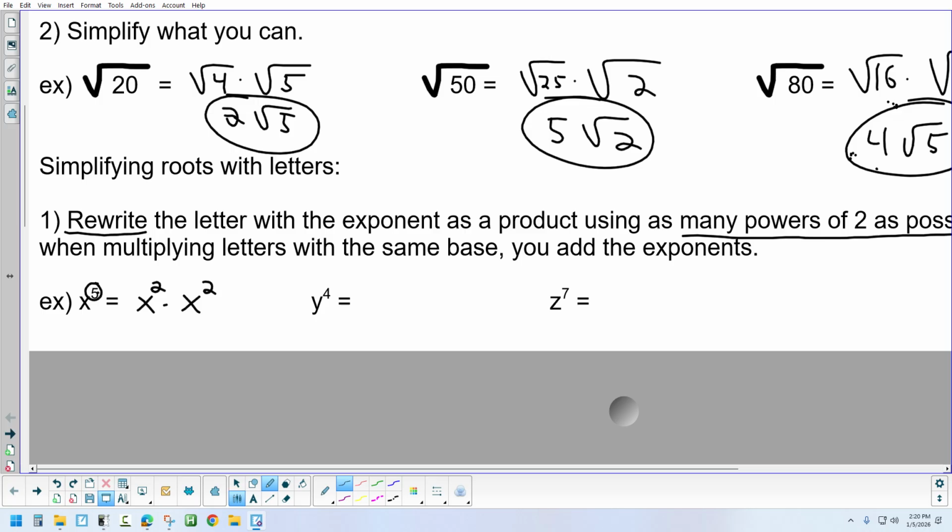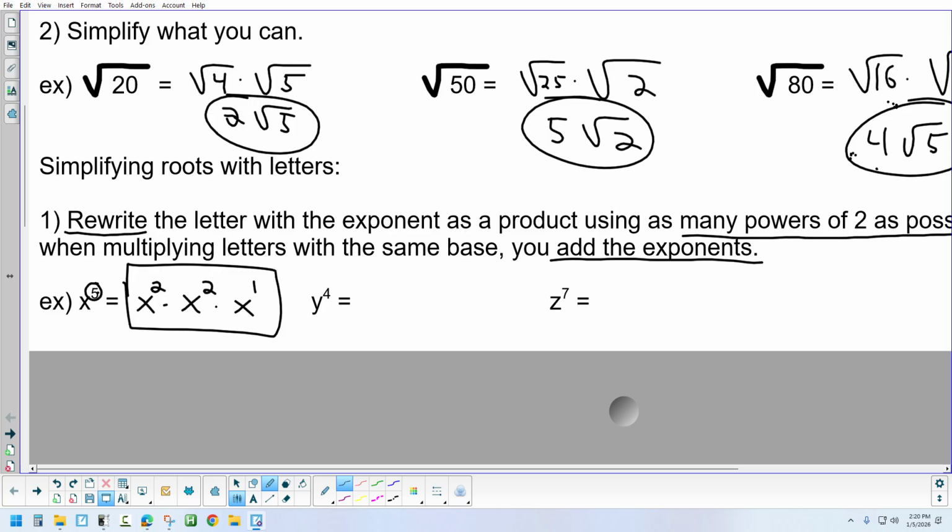No. If I do, I'm going to get x to the 6th, because remember, when you multiply these together, you're adding the exponents. So let's add up what we've got so far. What's 2 plus 2? 4. What do I need to make this exponent to get a 5? 1. I need it to be a 1. That's all you have to do in this step. You're just trying to write it with as many powers of 2 as you can.